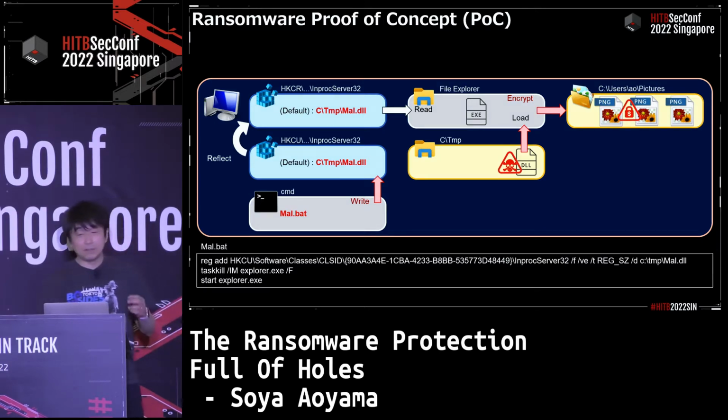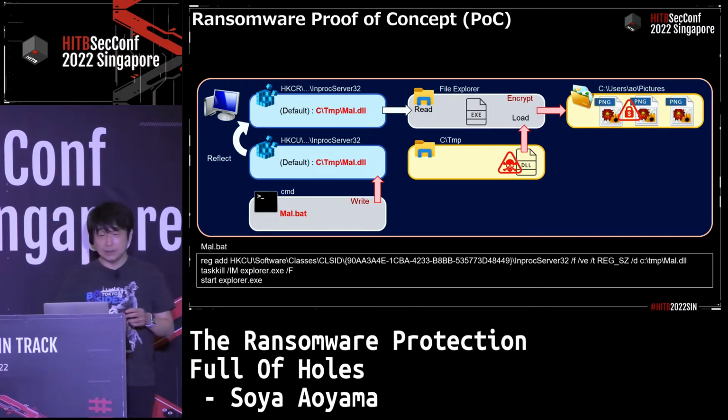So, write a batch file with a command to add the path of the malicious DLL to HKEY_CURRENT_USER, and a command to restart File Explorer.